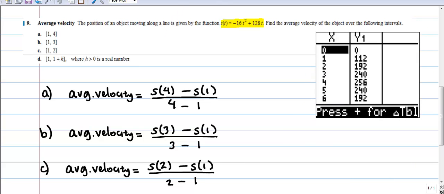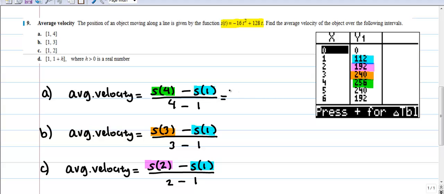We've got S of 1, which is 112. So all of these numbers will be 112. And then I've got S of 4, which will be 256. We've got S of 3, which will be 240. And then we've got S of 2, which will be 192.